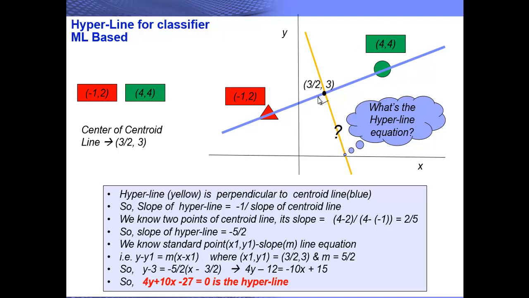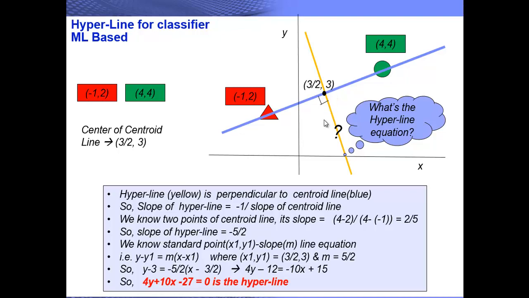Make sure this is perpendicular: the yellow line and blue line are perpendicular, and the yellow line passes through the midpoint of these two centroids on this line. What are the known parameters for this yellow line? One point is (3/2, 3).